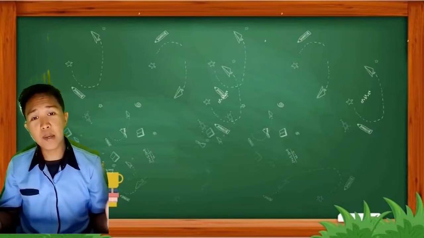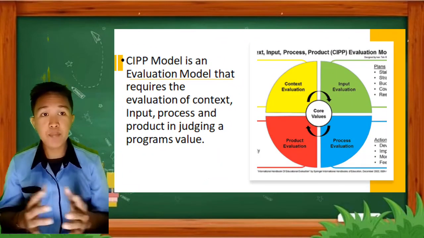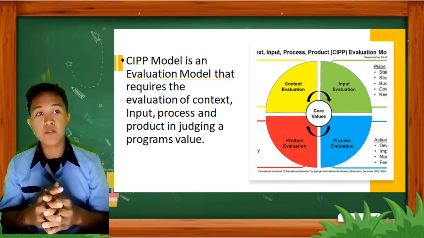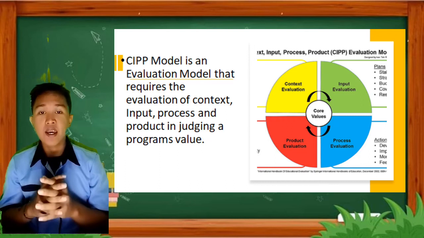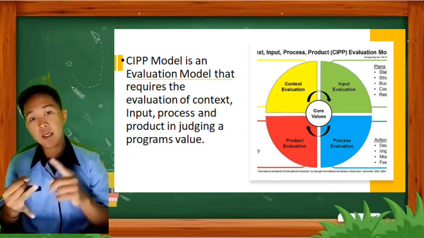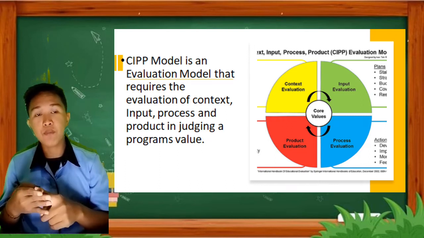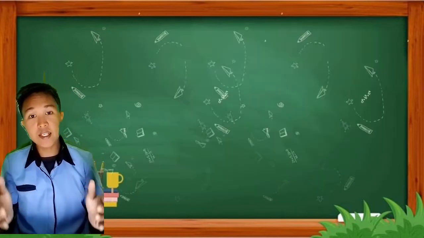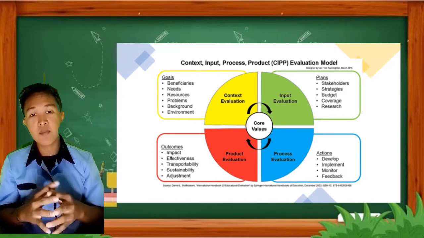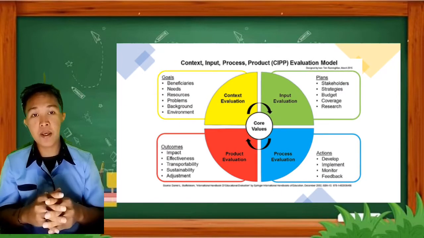So what is the CIPP model? The CIPP model is an evaluation model that requires the evaluation of context, input, processes, and product in judging a program's value. As you can see in the picture, this is an example of the CIPP model.